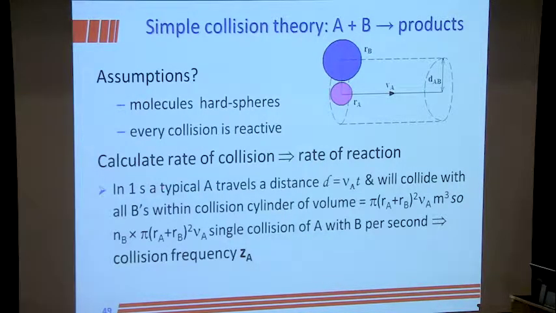So in 1 second, a typical A travels a distance equal to the velocity of A times t. So this is an A now in a big bath of B. The A's will collide with all B's within a collision cylinder of volume pi (RA plus RB) squared times the velocity of A. Remember, the distance is equal to the velocity times time.